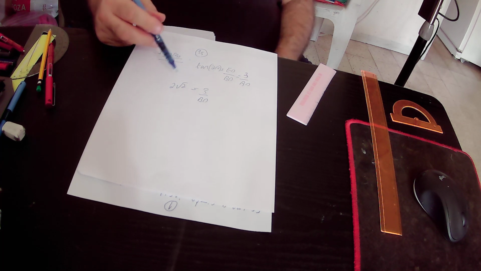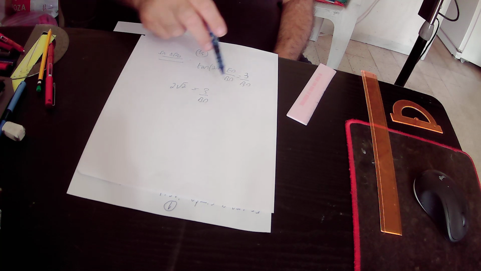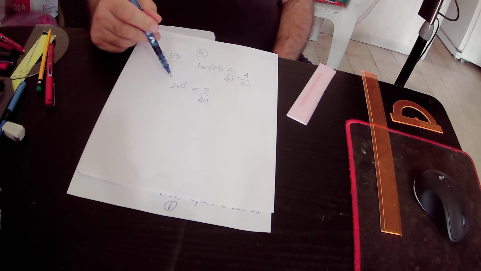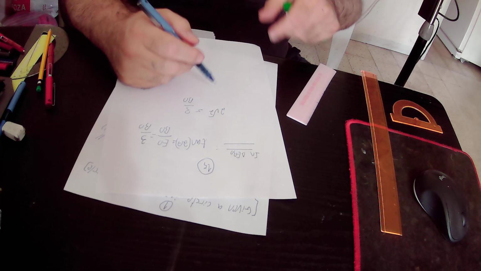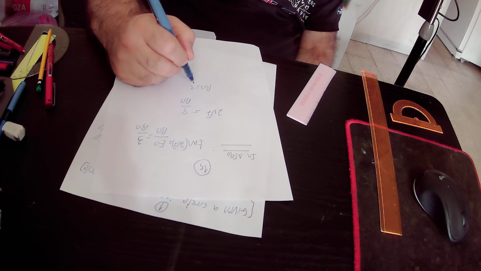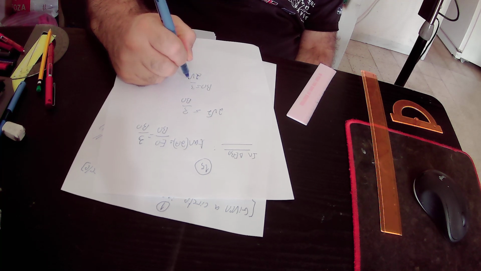We substituted tangent 2 theta by 2 times root 2, and we got that 2 times root 2 equals 3 over BO. Here we will multiply this equality by BO, and then divide it by 2 times root 2, and we will get that BO equals 3 over 2 times root 2.